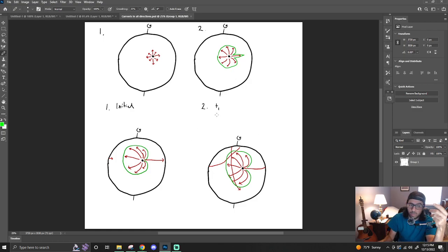And adding in the rotation of the sphere, accounting for the sphere rotating as this is occurring, causing curvature in the flows that leads to a structure more like this, where there's a protruding current and then a fanning current.